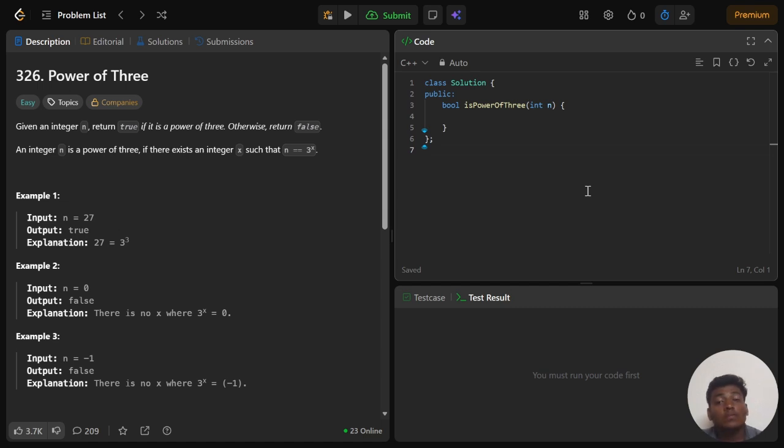So what are we going to write here? This is a one-line question, one-line code only.